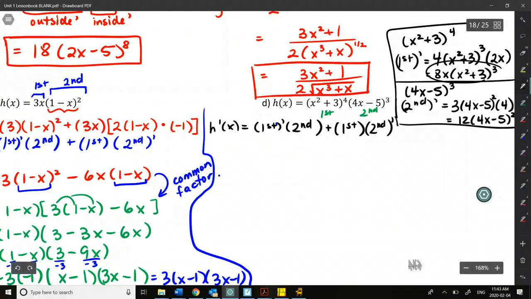Okay, so we've already found derivative of the first and derivative of the second here. So let's just plug it in.